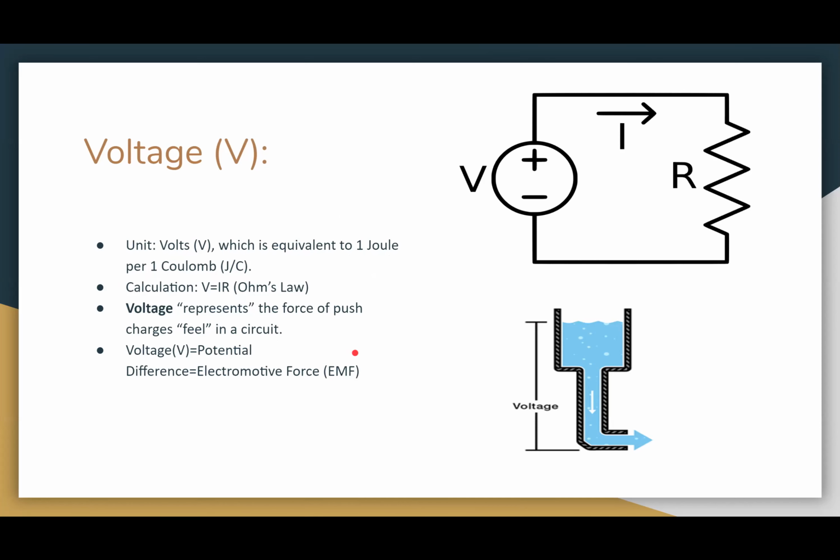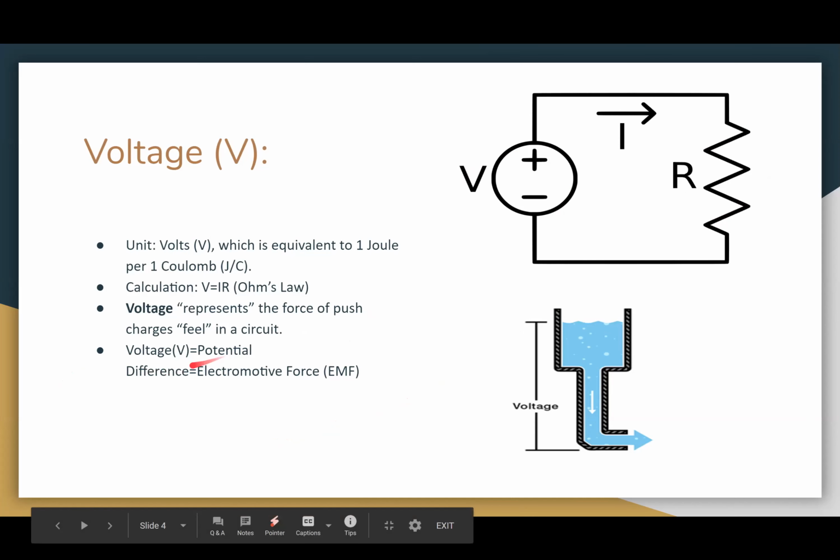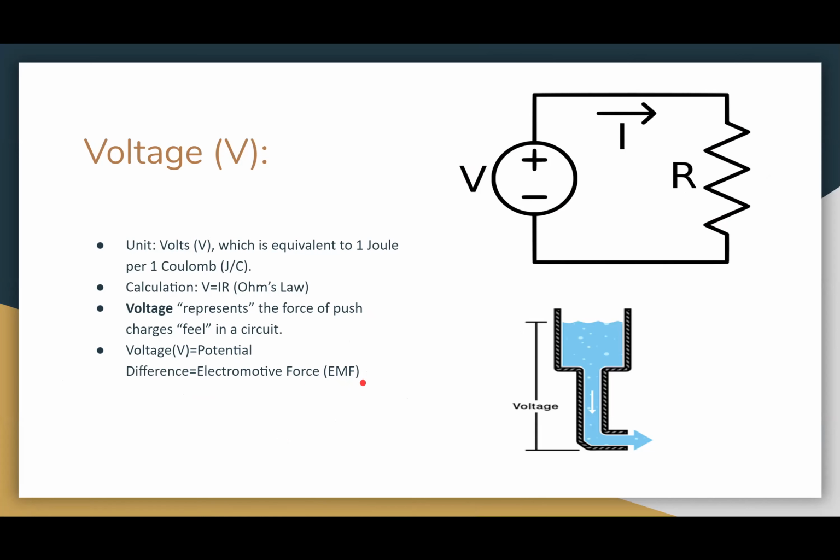In our next slide, we'll learn about current, and current is the flow of charges. Voltage's purpose is to push those charges throughout the circuit. Throughout EE, you'll hear different names for voltage, such as potential difference or electromotive force, aka EMF.